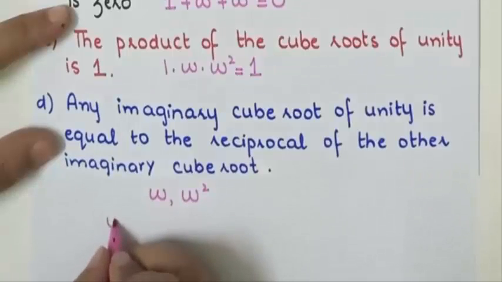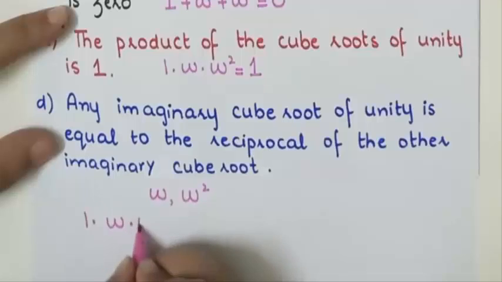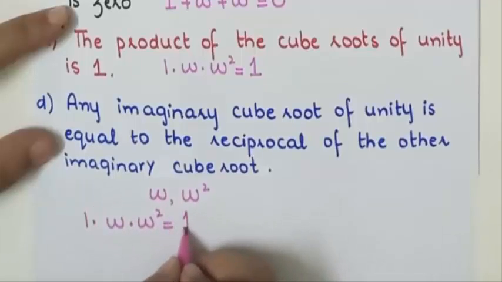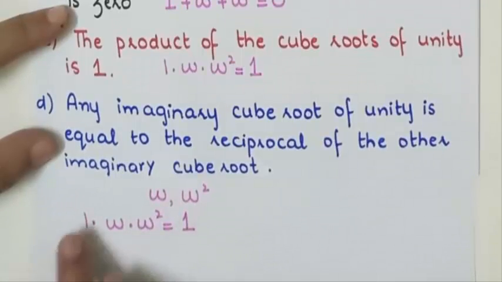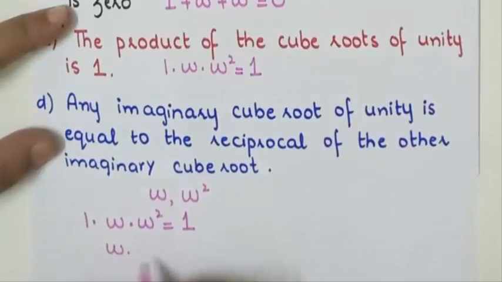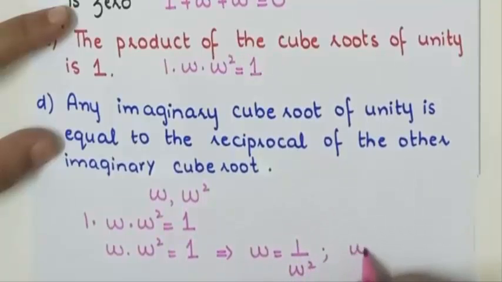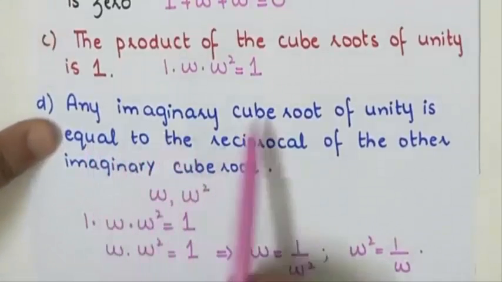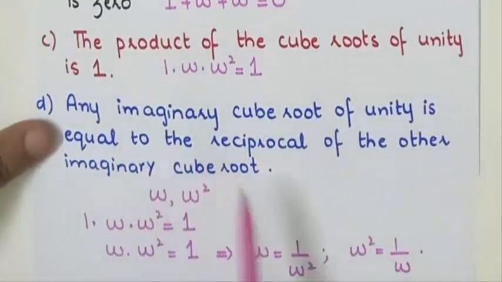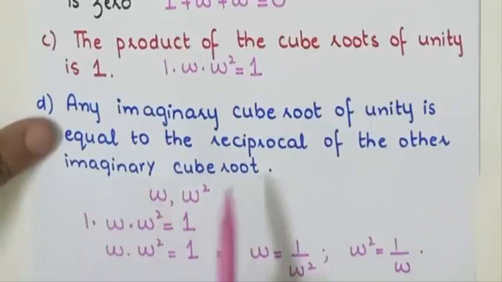It means we know that 1 dot omega dot omega square is equal to 1. From here we can say that omega is equal to 1 over omega square and omega square is equal to 1 over omega. It means any imaginary cube root of unity is equal to the reciprocal of the other imaginary cube root.